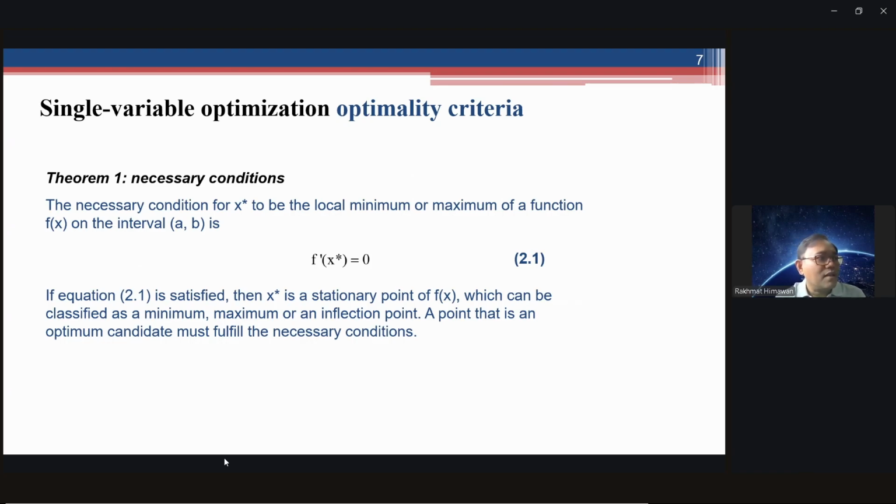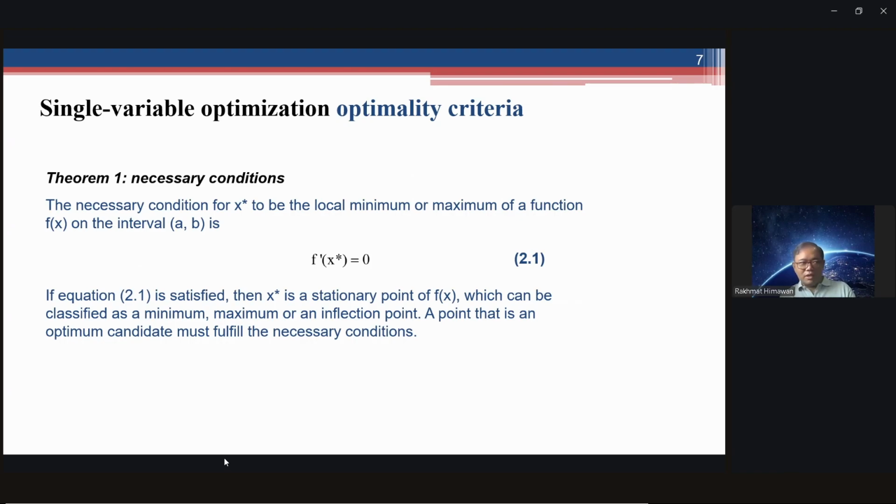Here, if equation 2.1 is satisfied, or the differential of f at x star equals 0, then x star is a stationary point of f(x), meaning that certain point is a stationary point. A stationary point could be a minimum or a maximum.